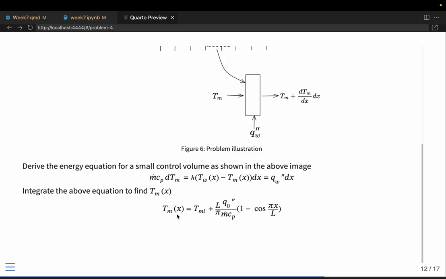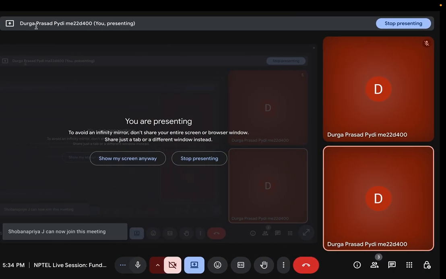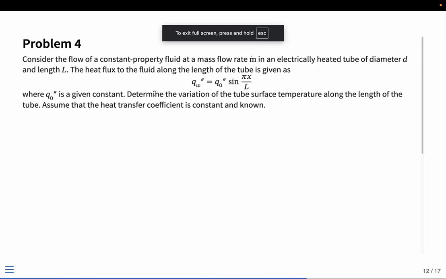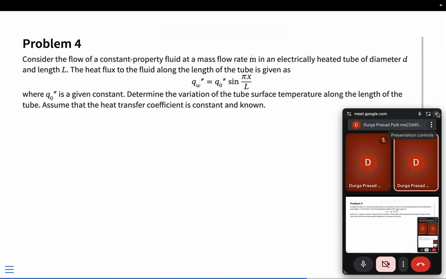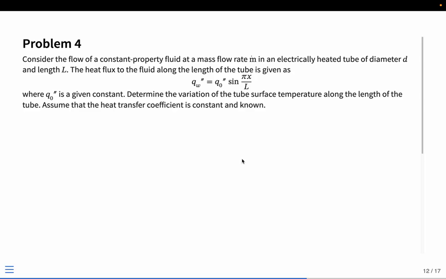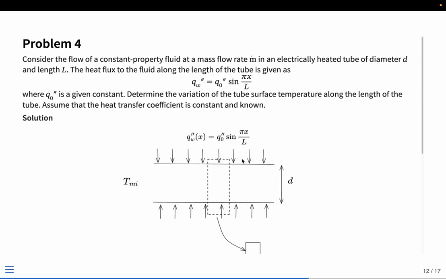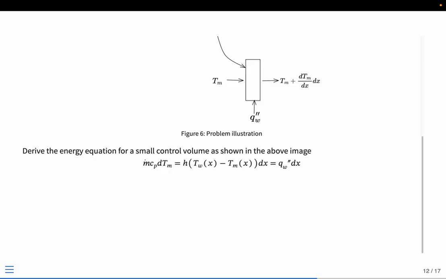If you integrate that equation, I'm getting Tm of x to be whatever is the inlet temperature at x equal to 0, the mean inlet temperature, plus the term over here.